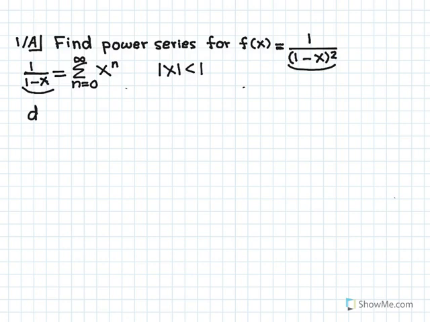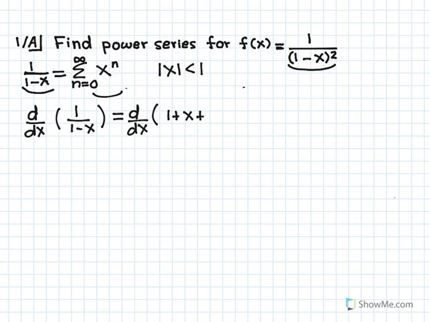So differentiate d dx of 1 over 1 minus x. This is equal to, differentiate the expanded form. The expanded form of this summation is going to be 1 plus x plus x squared plus x cubed and so on. And this is equal to d dx of the summation form, summation n equals 0 to infinity x to the power of n.